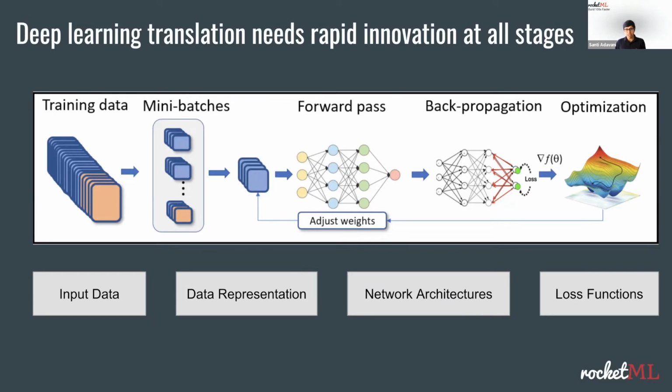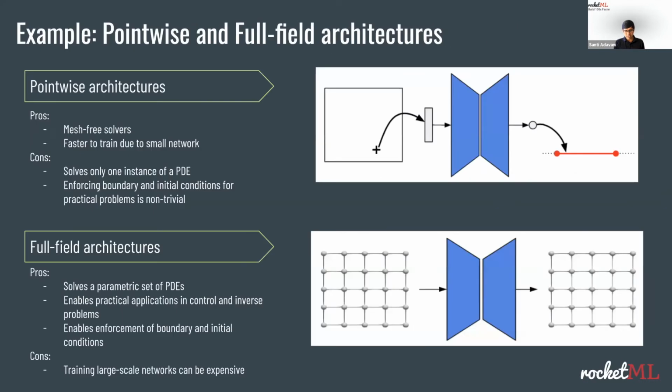The negative implication is it's so much noise and so much ambiguity that they're not able to actually adopt these new innovations for day-to-day applications. Okay, so ambiguity leads to these problems.